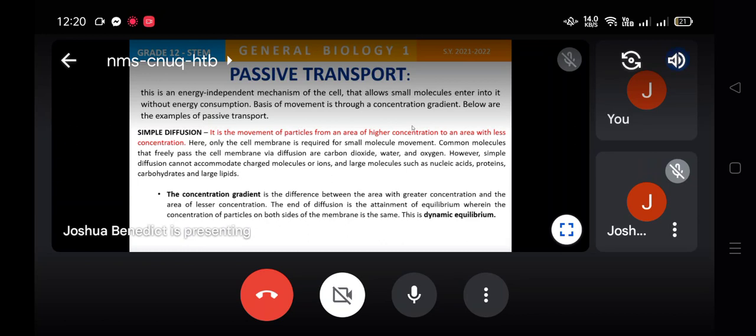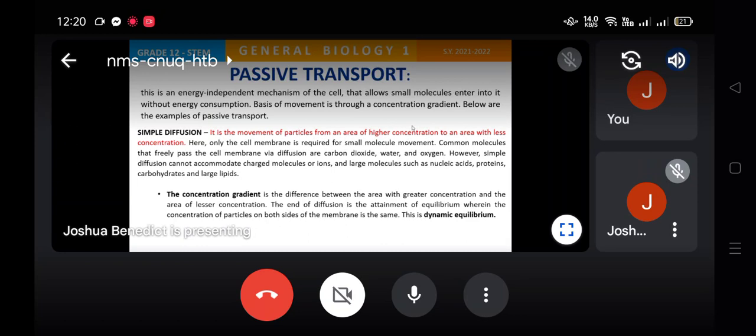Hindi mo kailangan mag-sagwan, hindi mo kailangan mag-exert ng effort para gumalaw ka kasi nga yung tubig na nagkikerry sa yung water current. Ganun ang passive transport kaya wala na siyang energy. So from higher concentration to lower concentration, kusa na lang siyang dinadala. Kumbaga, it goes with the flow of the concentration gradient.